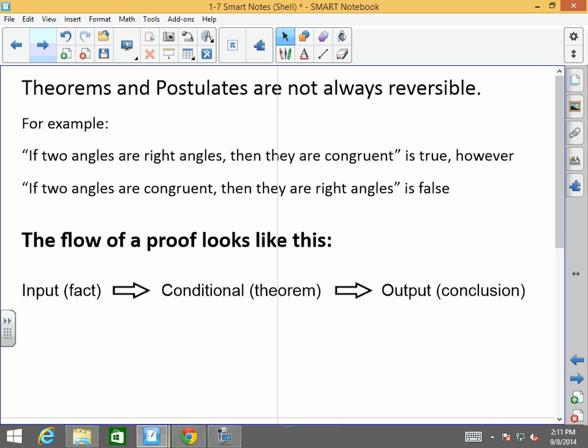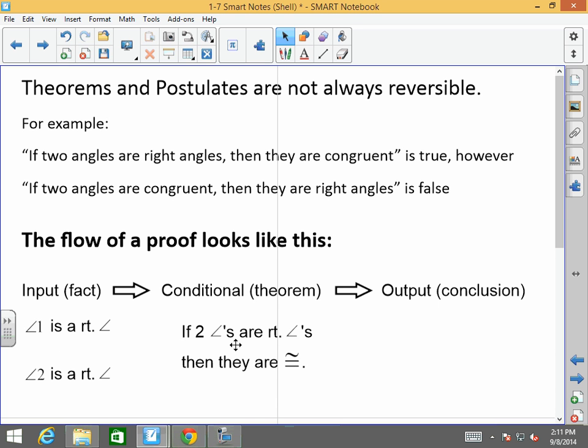Now, the flow of the proof looks like this. You first have an input, or a fact, such as angle 1 is a right angle, and angle 2 is a right angle. Then you have the conditional theorem, which is if two angles are right angles, then they are congruent.